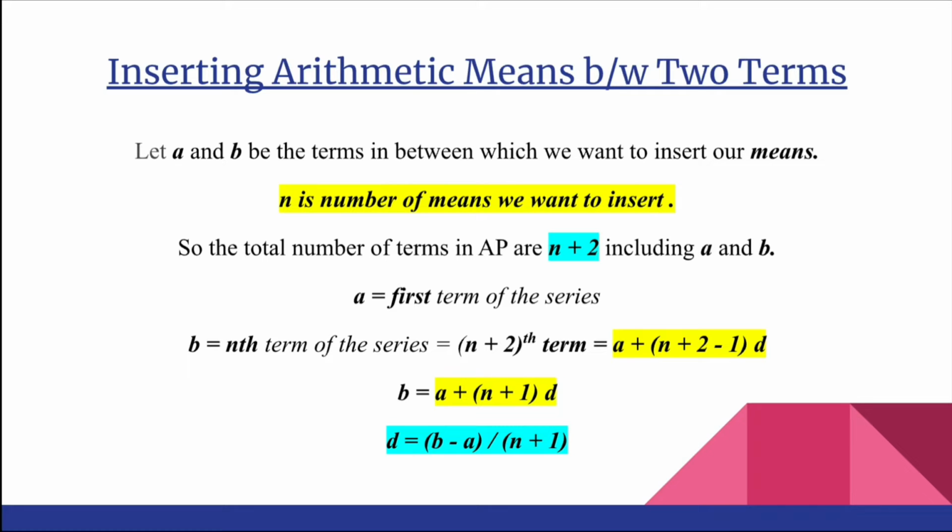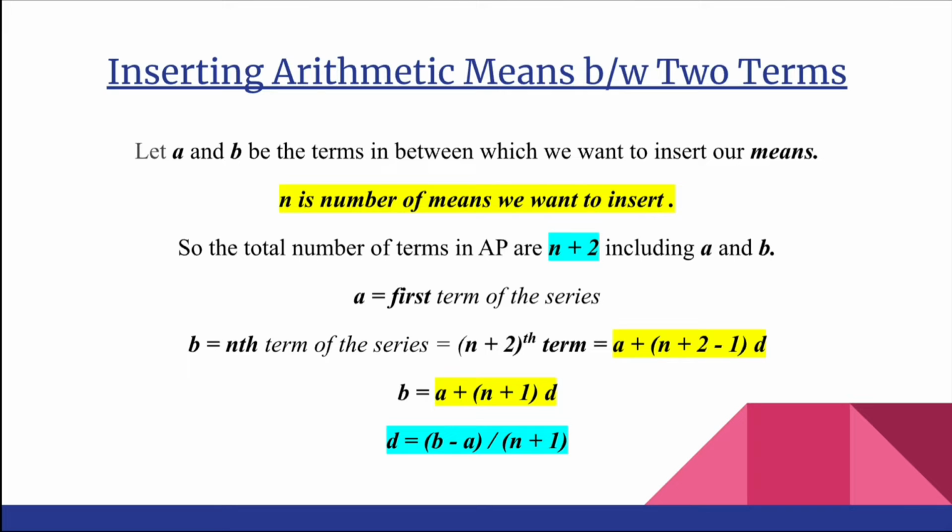a is the first term of the series, b is the last term of the series. We can say it is the n plus 2th term, because it is the last term. So there are a total of n plus 2 terms, and it will become a plus n plus 2 minus 1 times d, because there are n plus 2 terms, right?